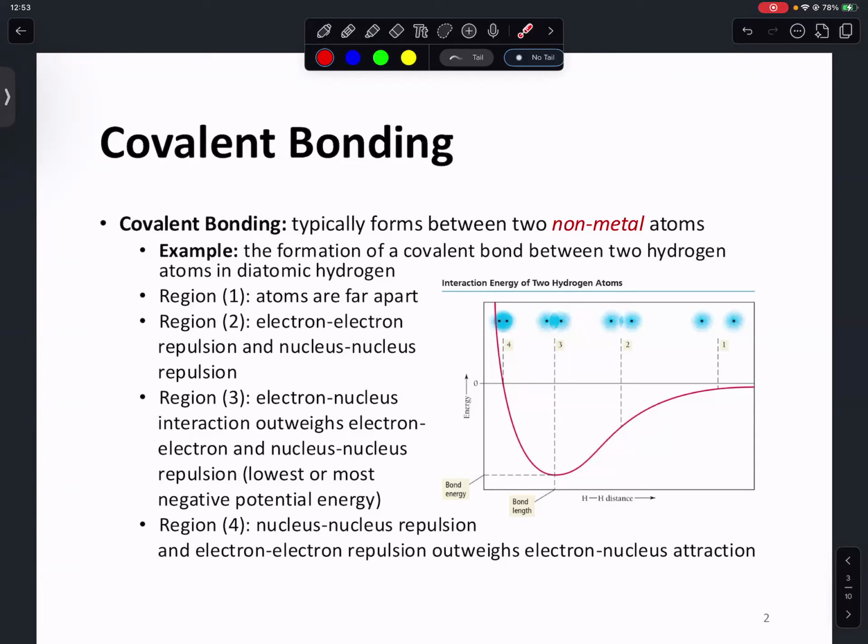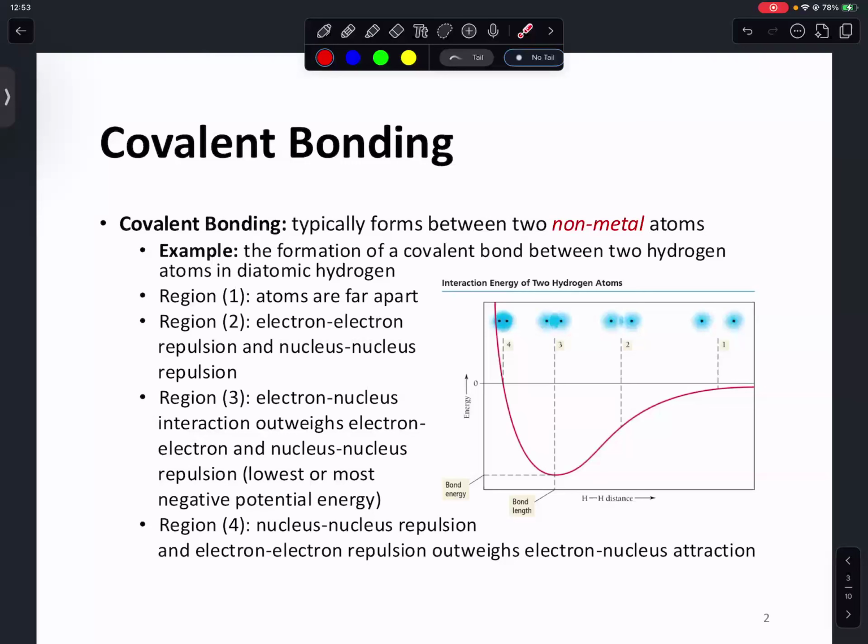As we move further to step 3, note that the energy is now getting to a minimum. In this phase, the electron-nucleus attraction outweighs the electron and nucleus repulsion.